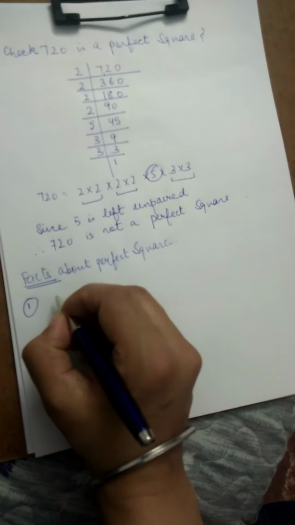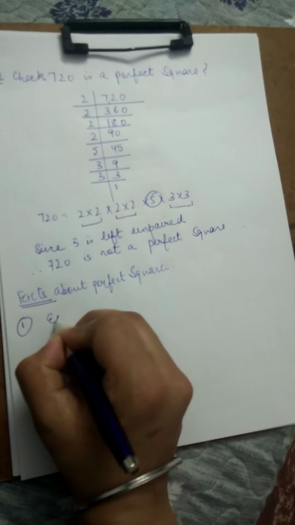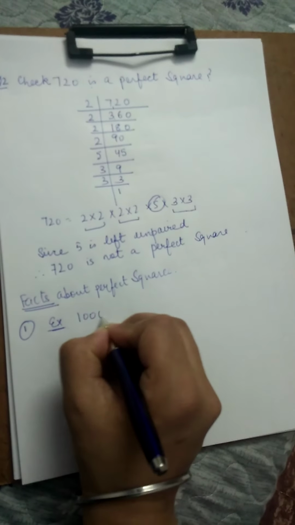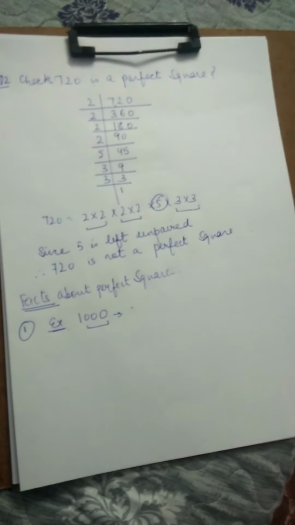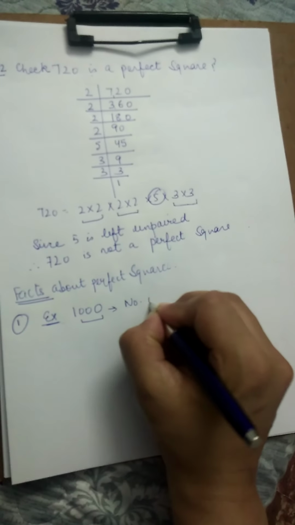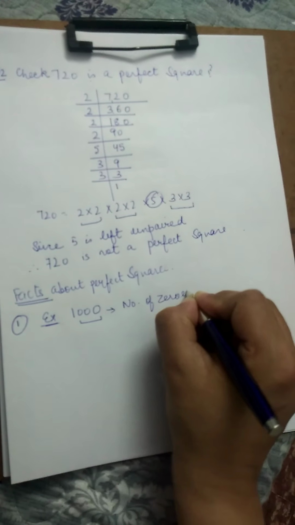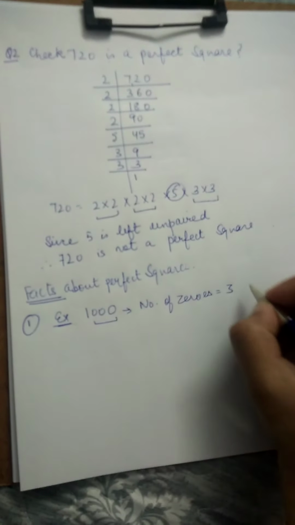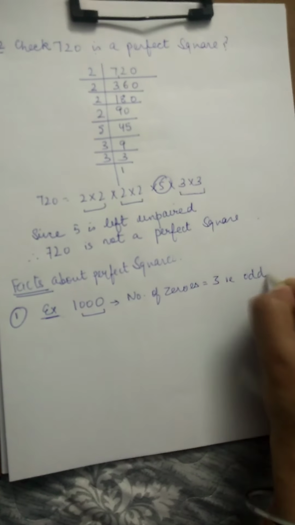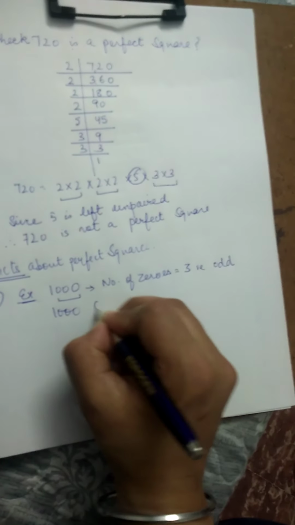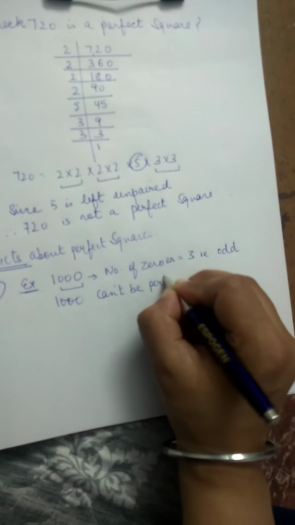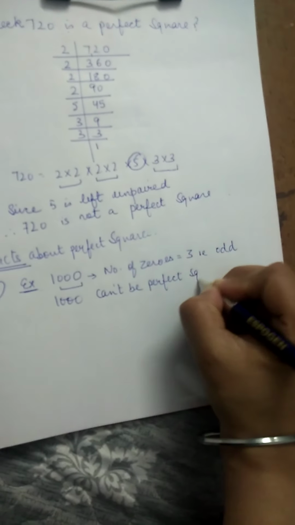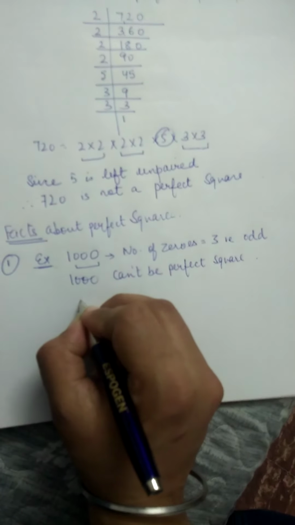For example, if I talk about 1000, the number of zeros equal to 3, that is odd. So 1000 cannot be a perfect square.